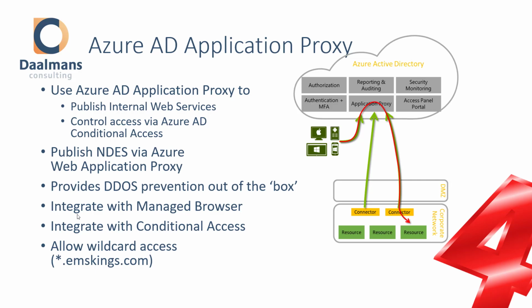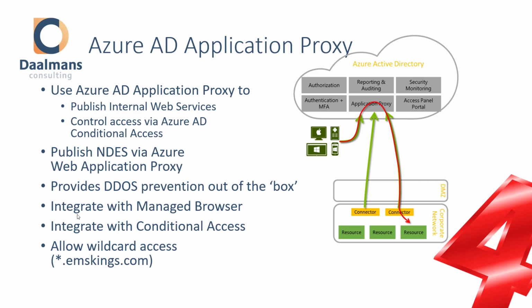So what you need to do is install a connector on premises, and that connector needs to be able to contact Azure and needs to be able to contact the internal resource.